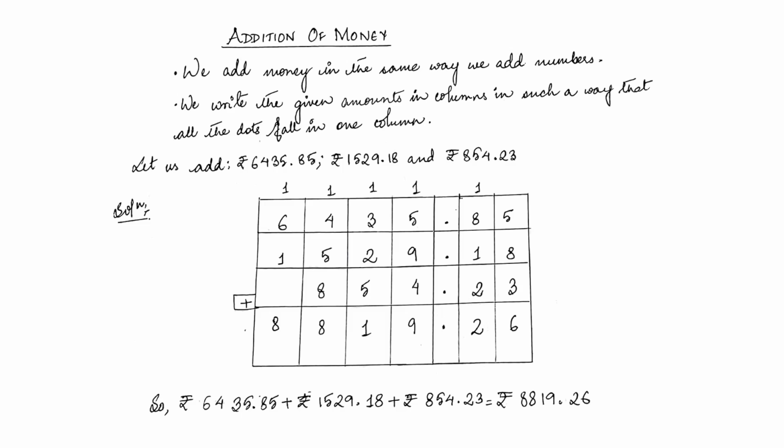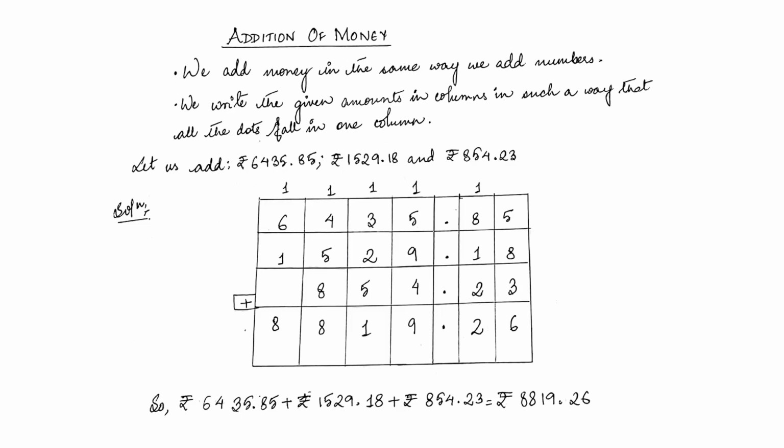Now let us go through one example. Let us add rupees 6435 and 85 paise, then rupees 1529 and 18 paise, and rupees 854 and 23 paise.